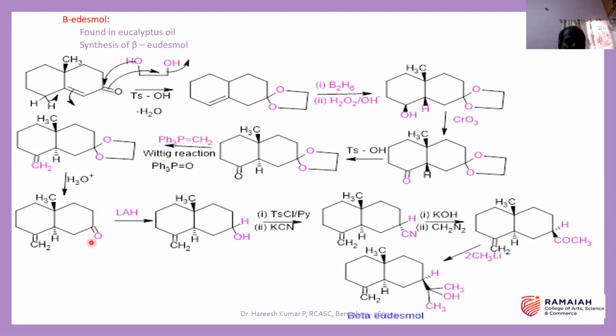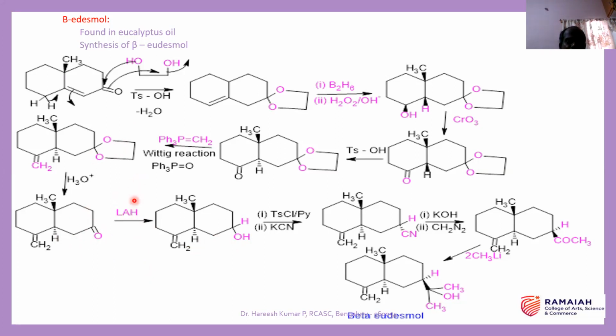Now the obtained ketone is treated with LAH. More particularly, if we are treating with sodium borohydride, that will be the better reagent. That reagent selectively converts a ketone into an alcohol. NaBH4 is better.